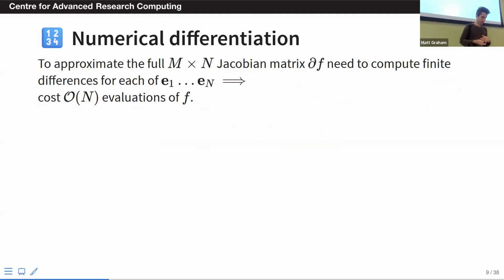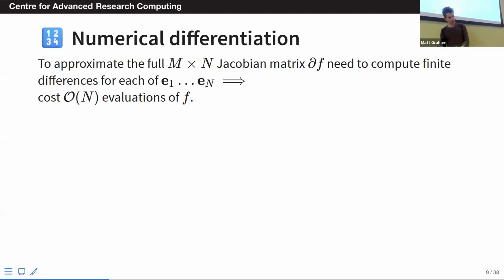So I made the statement about the efficiency of automatic differentiation previously, that we can compute this Jacobian matrix at a cost which should scale with the minimum of m and n.